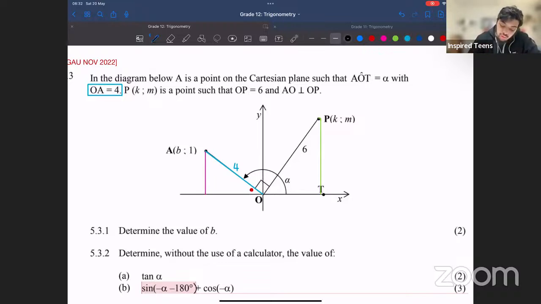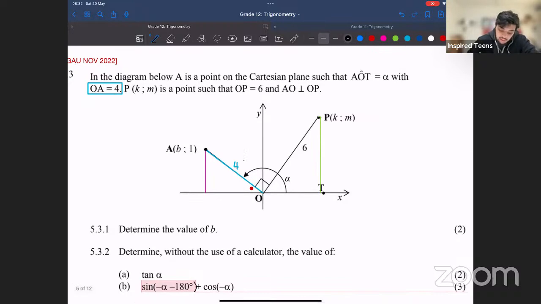Now we have to use this information of A, which is this coordinate here, to try to fill in this triangle. So we have B and we have 1. Remember, this is an x and a y, and we just learned that the x is always the value on the x-axis. So this distance we can call B for now.